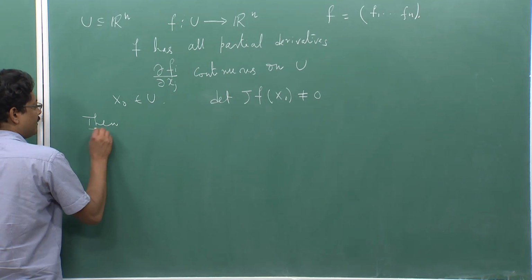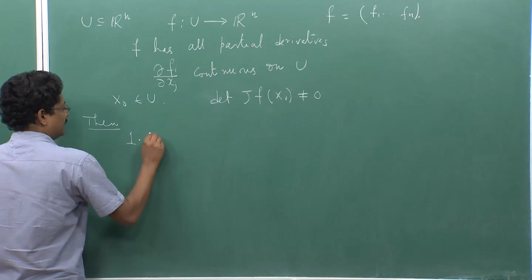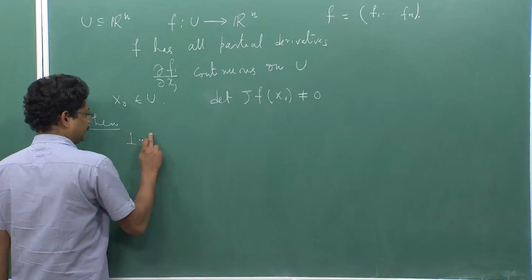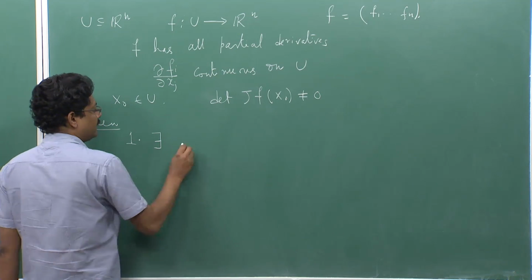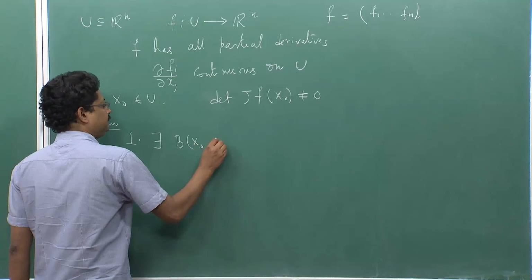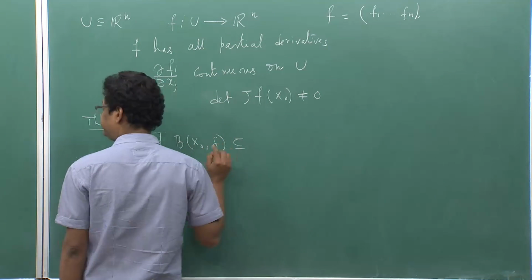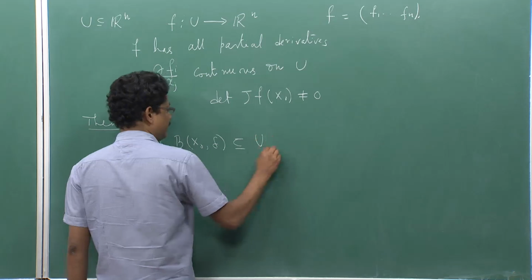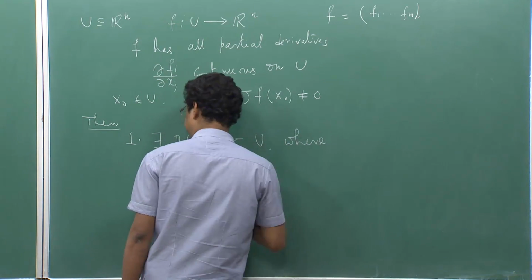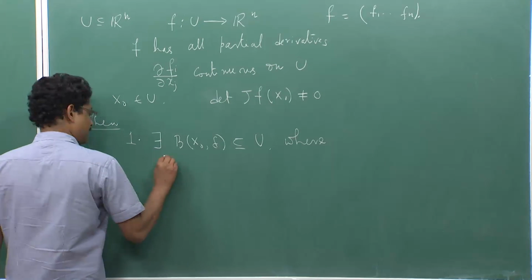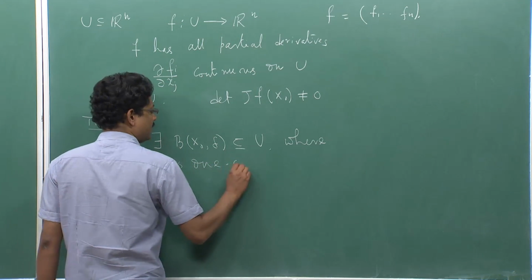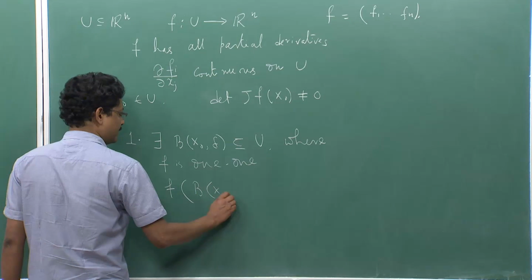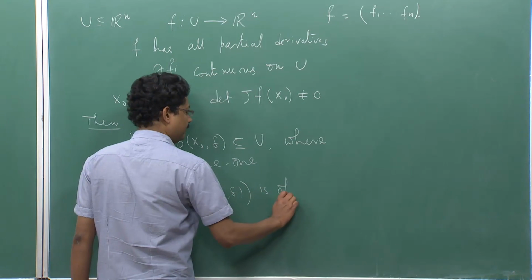Then there exists a smaller interval in U where f is 1-1, and the image of that interval is open.